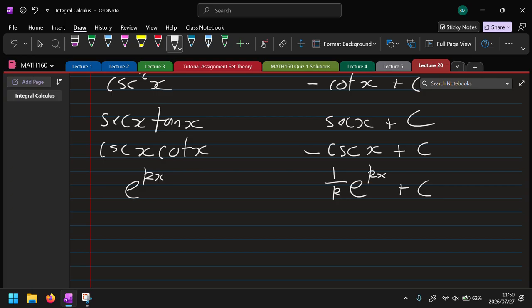Okay. And later on, we're going to extend this table. Remember the antiderivatives for the hyperbolic trig functions, the inverse trig functions, all of that stuff that you had in the previous table, you now put in the new table with the antiderivatives. So you're going to complete the table with that.